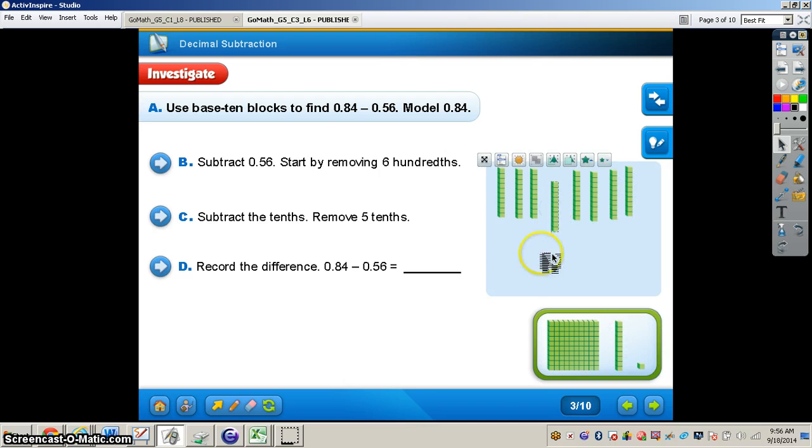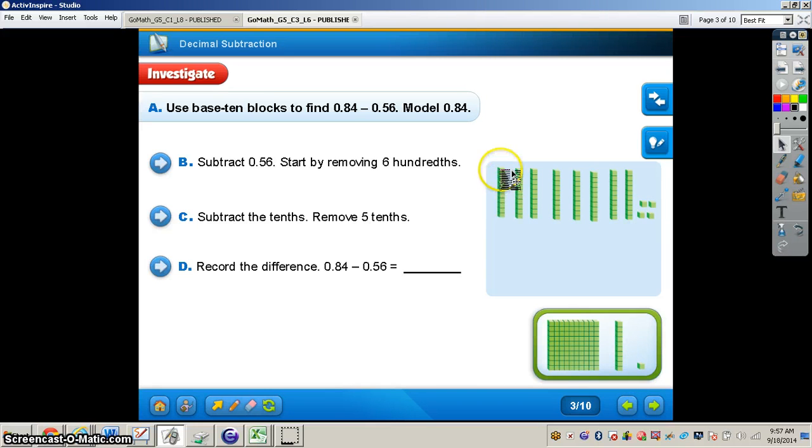Now remember, why do we have 8 of these? Because these represent 1/10th, and these represent 1/100th. So we have 8 of these because there's an 8 in the tenths place, and then 4 of the little squares here. 1, 2, 3, and 4.